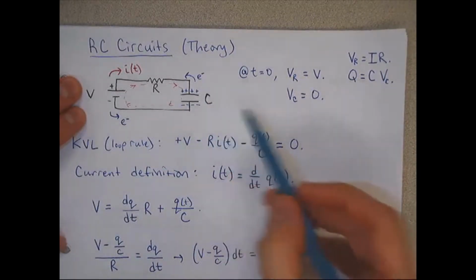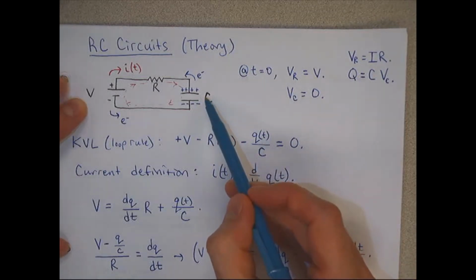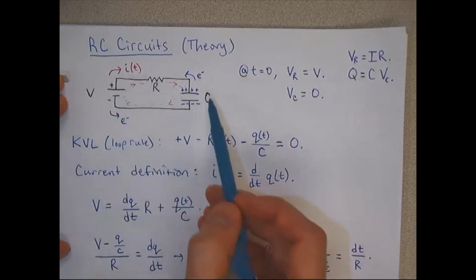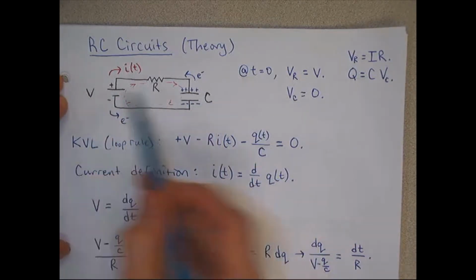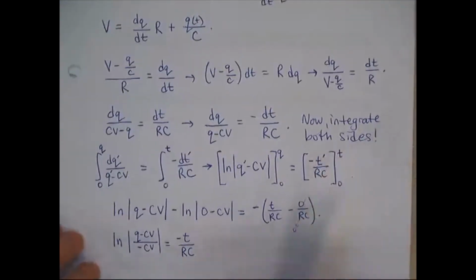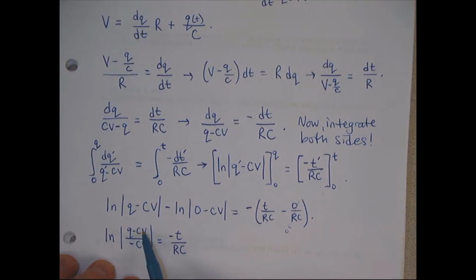At any time, lowercase q has to be smaller than its final value. Does this make sense? Yes. CV is the maximum value of Q. So this quantity here, Q minus CV, is negative.